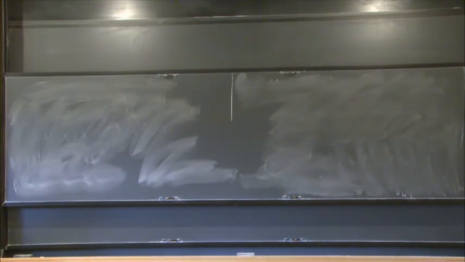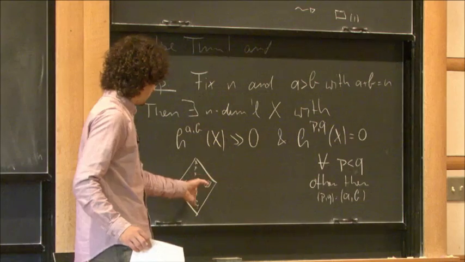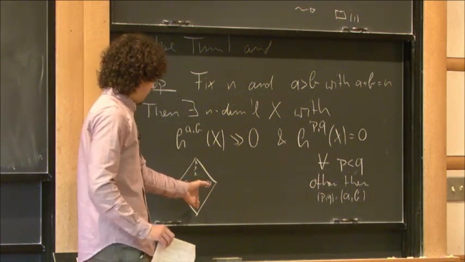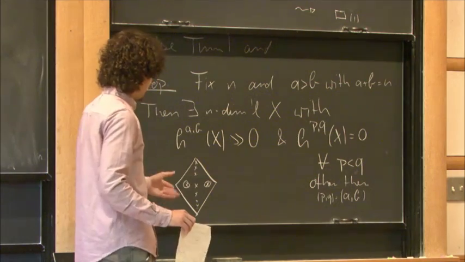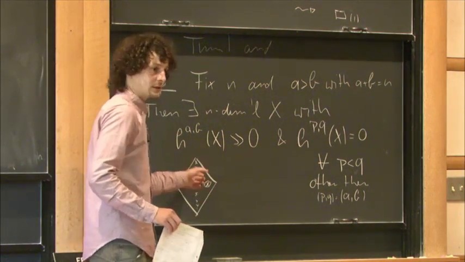So how do you construct these X? I construct a singular variety which has this shape and where actually the middle thing is small. And then one has to be very careful, and it's rather a mess to construct a resolution of singularities where only those change and the others don't.